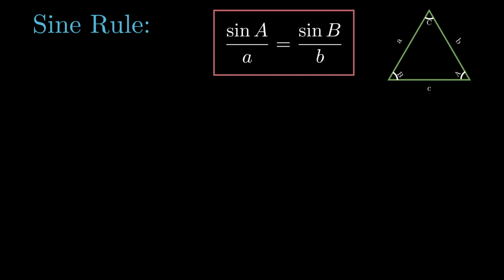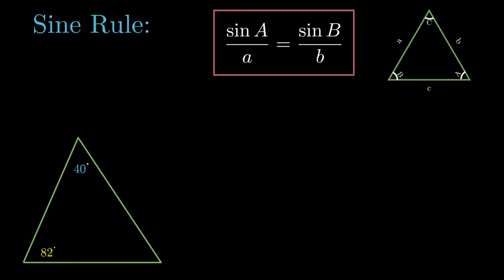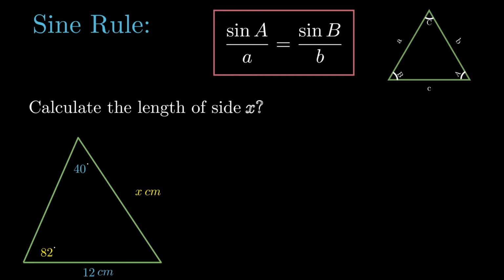The second question we're going to do now is slightly different. So let's construct a triangle. This triangle has angle 82 degrees, angle 40 degrees, and it has side 12 centimeters and side x centimeters. The question is, calculate the length of side x.